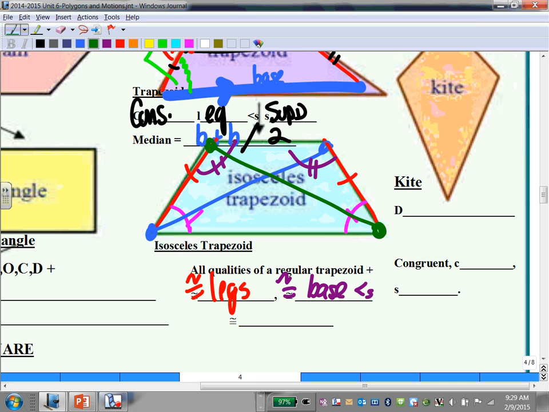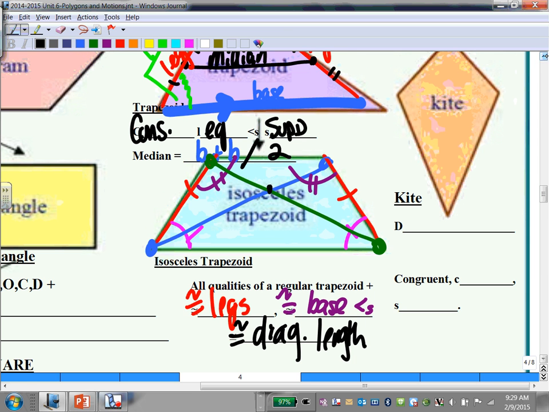Finger pinch the blue again. Finger pinch the green. First question, do they cut to each other's midpoint? Yes or no? Okay, this is not a midpoint, but are they of equal length? Yes, so we have congruent diagonal lengths, but they do not go through the middle. That's a trapezoid. If you haven't figured it out, you need to memorize all these qualities.